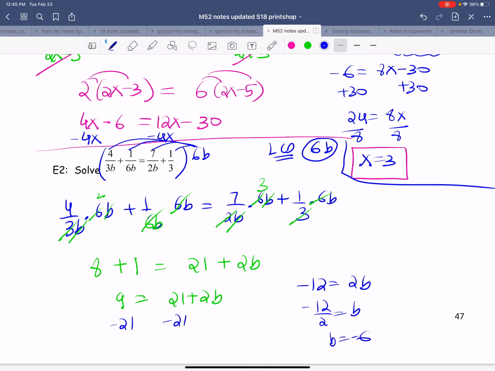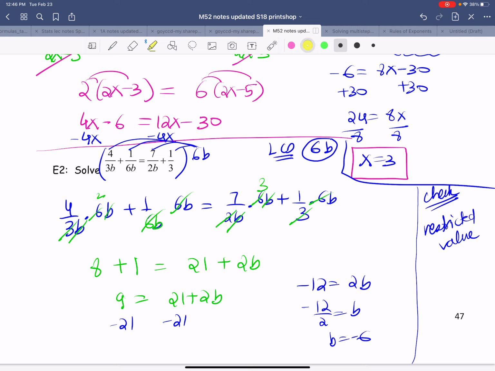Before I box this answer, before I say this is my solution, I must check and make sure that this is not an extraneous solution. This is not a restricted value. What is a restricted value in this case? A restricted value is the value of the variable that will make my denominator 0.